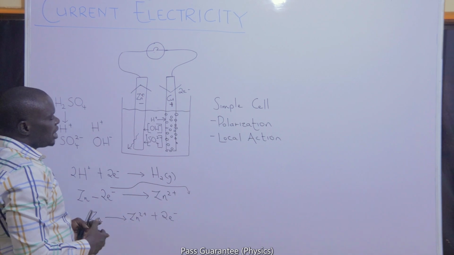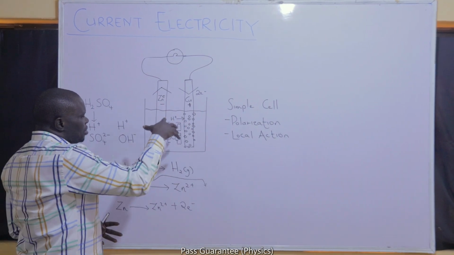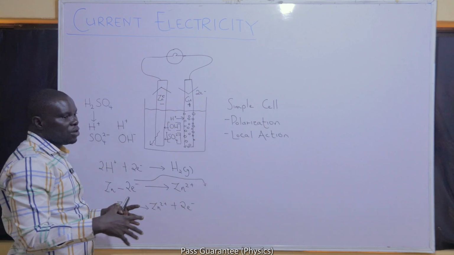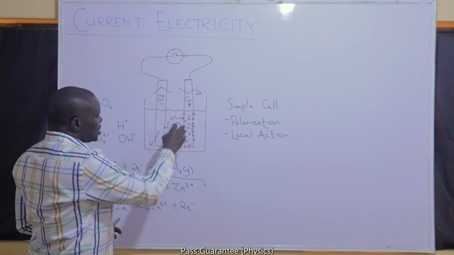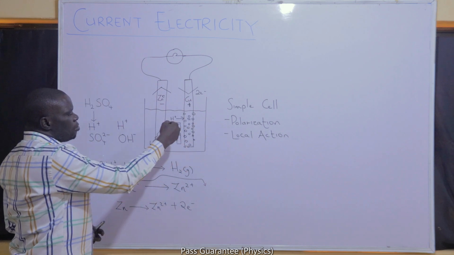So if before it was ionizing, say, 1,000,000 hydrogen ions per second, the quantity of hydrogen ions it ionizes reduces with time, since the bubbles around it are now insulating it from more ions.